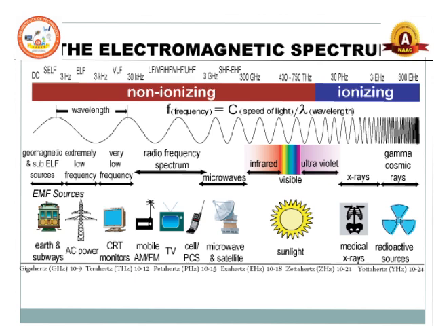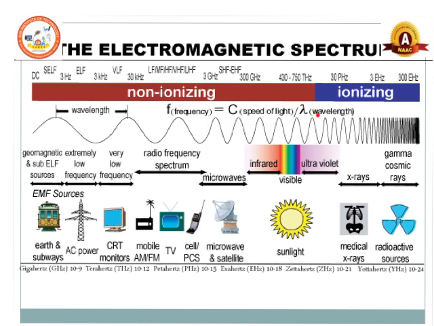Whenever we have the region from DC to 430 to 750 terahertz, we call it the non-ionizing region, and the remaining come into the category of ionizing. As we can see here, as the frequency is increased from DC, the frequency, which is given by the expression C by lambda, is increasing.